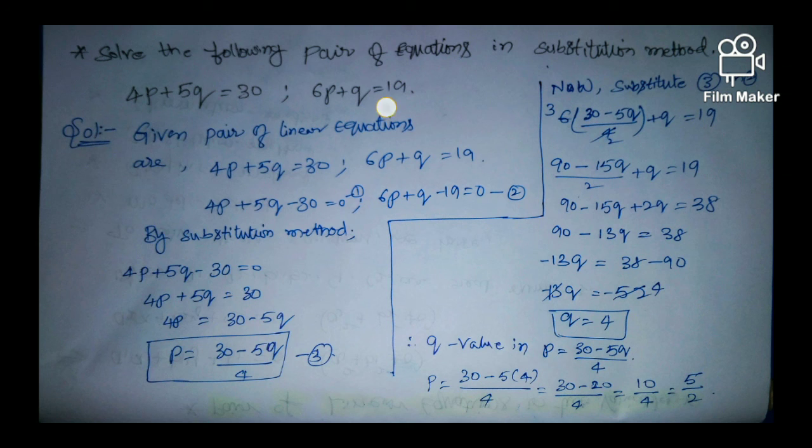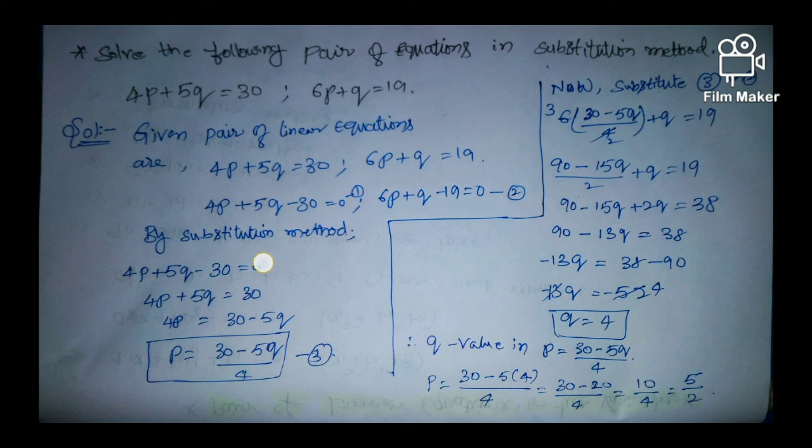These two are the given pair of equations in two variables. Here the variables are p and q. I wrote them in standard form, which is actually not required. So the first one is equation number 1, and the second is equation number 2.